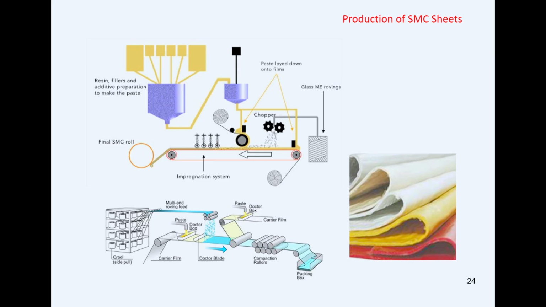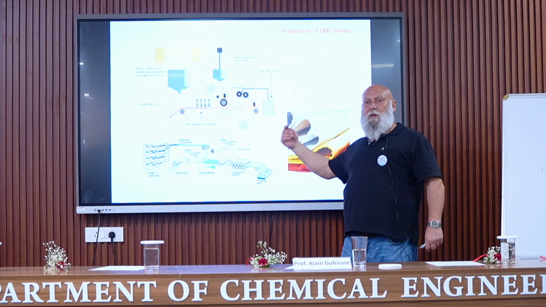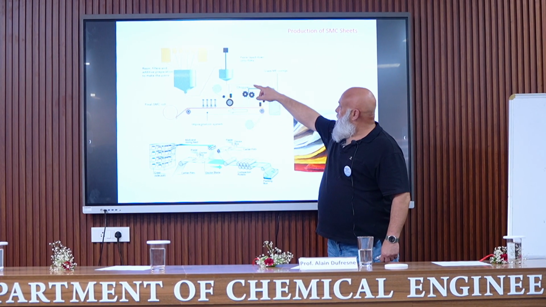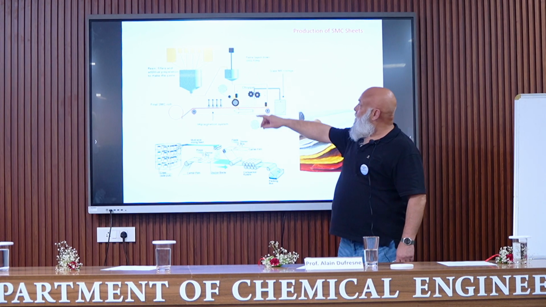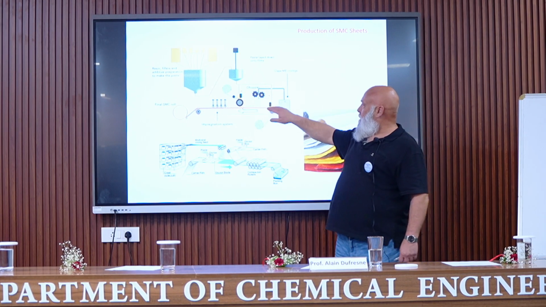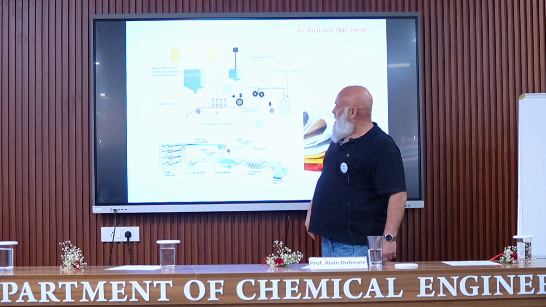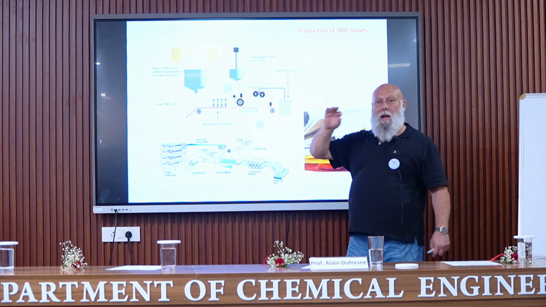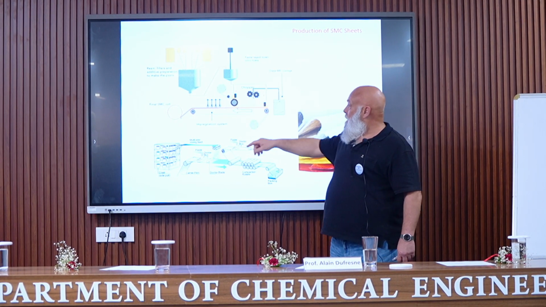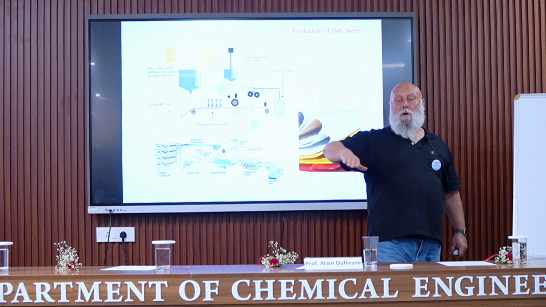These fibers are chopped to obtain shorter fibers, and they fall on a conveyor belt on which a layer of resin and the different additives are put. So this short fiber falls on this resin, and then a second layer of resin and additives with some impregnation system. And then this material is obtained in the form of a sheet that can be, for example, used for compression molding.